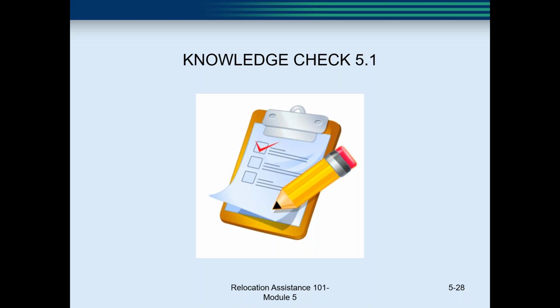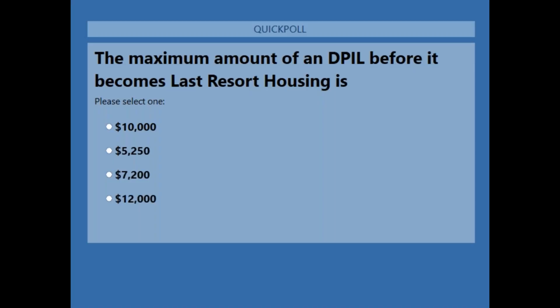The second question: the maximum amount of the DPIL, which is the down payment, before it becomes last resort housing is.